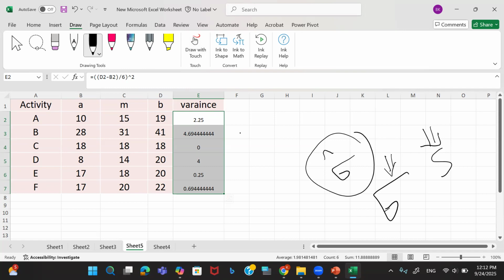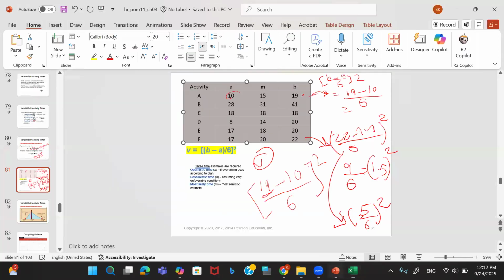So to be able to find the probability of completing a project at a specific time, we need the standard deviation. To calculate the standard deviation, we calculate the variance. The variance is sigma square or S square. Okay, so let's see how we calculate the standard deviation for a project.